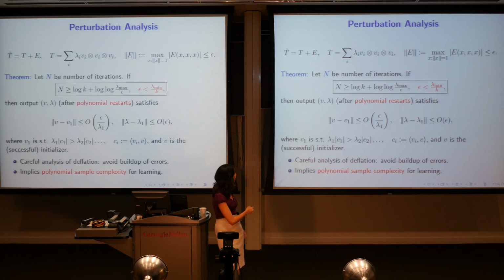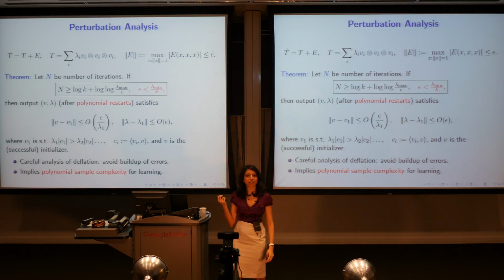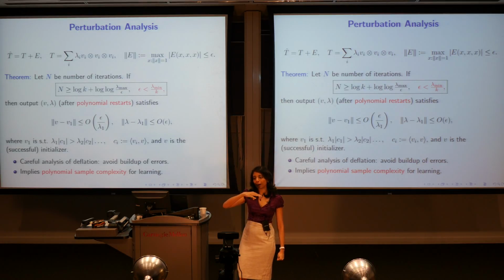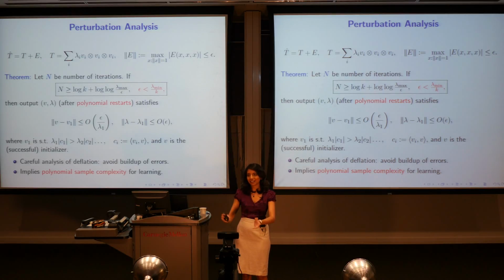And in fact, in general, the perturbation is more subtle for tensors, and for any general non-convex problem, because if I have a perturbation, I could totally change my landscape. I could create all kinds of new local optima. I could just change the configuration completely.